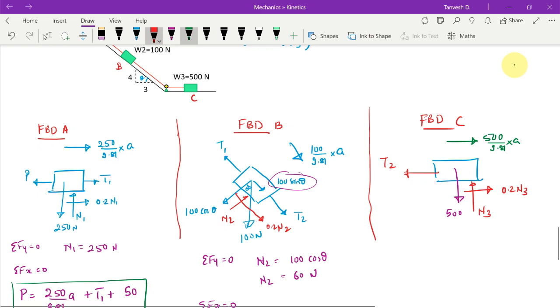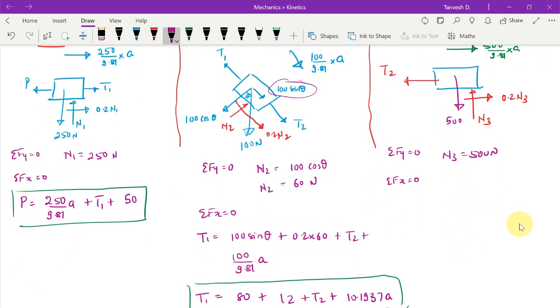So what things are we going to get here? Summation Fy equals to 0 will give me N3 equals to 500 newtons, and summation Fx equals to 0 is going to give me, so there are in total these 2 forces acting against T2, so it will give me T2 is equal to 500 upon 9.81 times A plus 0.2 times N3, which is equal to 100, I guess.